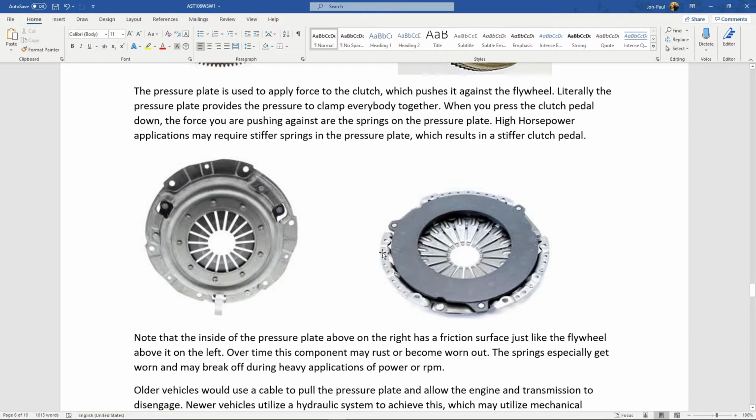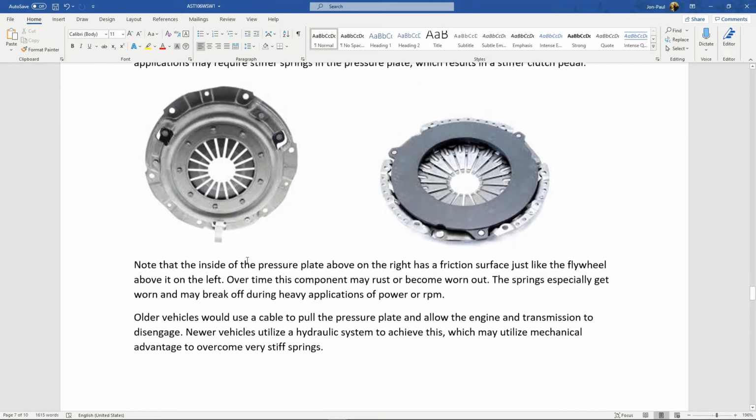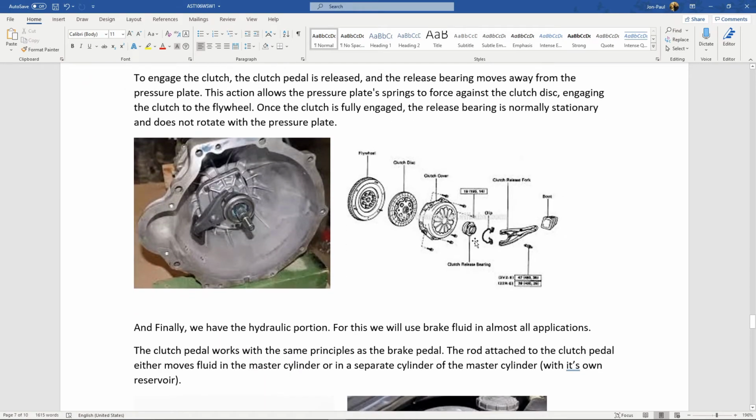The springs, the little fingers here on the pressure plate, can break. If they break off, there's a chance they could get lodged in the rotating assembly. Or if there's nothing for the bearing to push against, then it can't do its job. If it breaks, it can't leave.